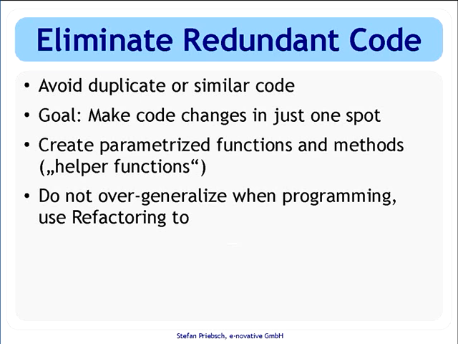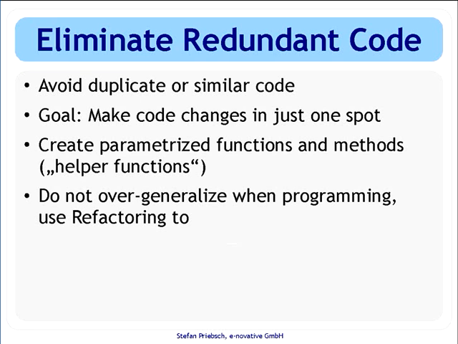You don't want to make the same change in 3, 5, 7, or 10 places, in 8 different files, in whatever different locations, because you're very likely to forget at least one of them, or change one of them in an inconsistent way, so the application behaves differently under certain circumstances, which is definitely not a good idea.